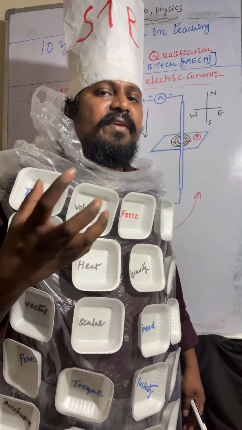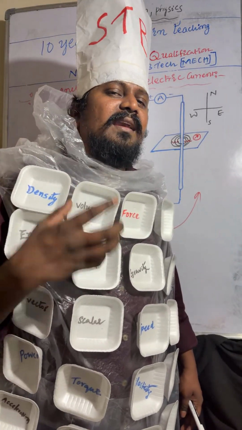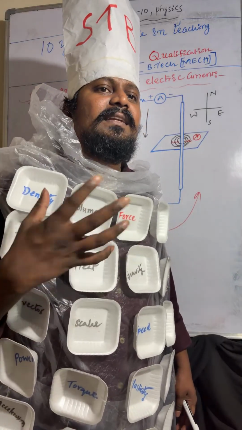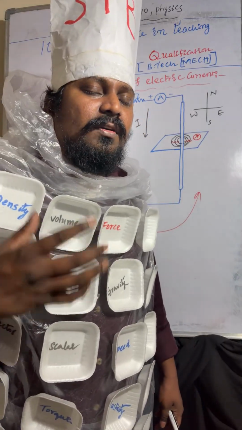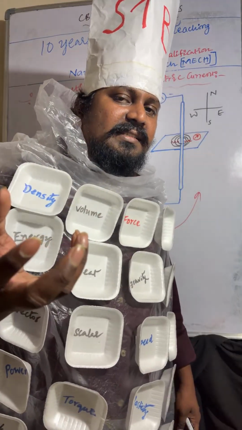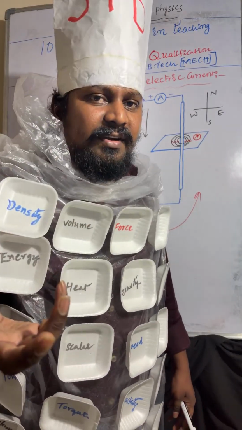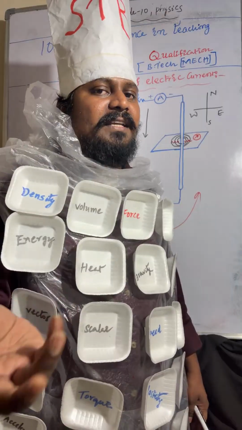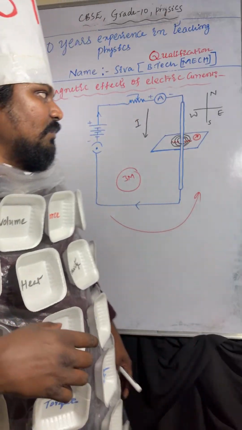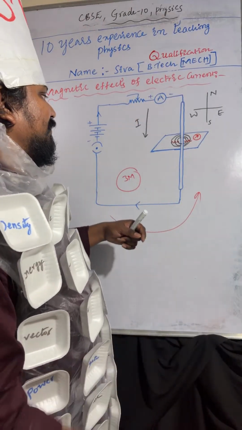If more crowding of field lines is there, it represents more magnetic field, and automatically the current passing through the conductor is also more. Understood?